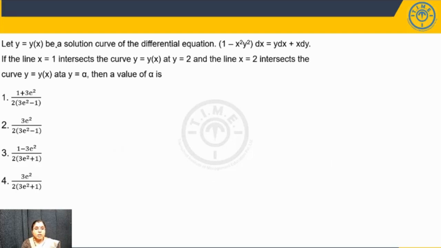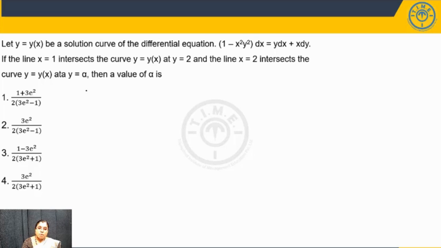Let y is equal to y of x be a solution curve of the differential equation 1 minus x square y square dx is equal to y dx plus x dy. This is a peculiar type of equation, that's why I have selected this.